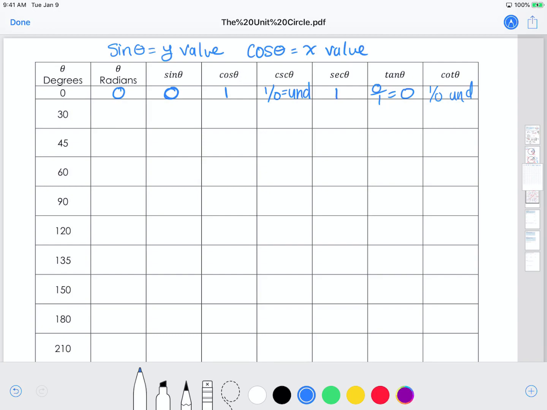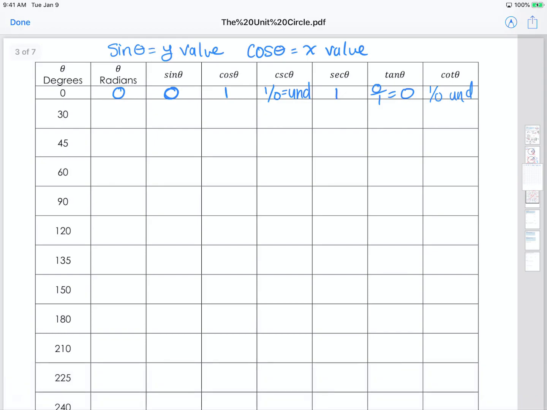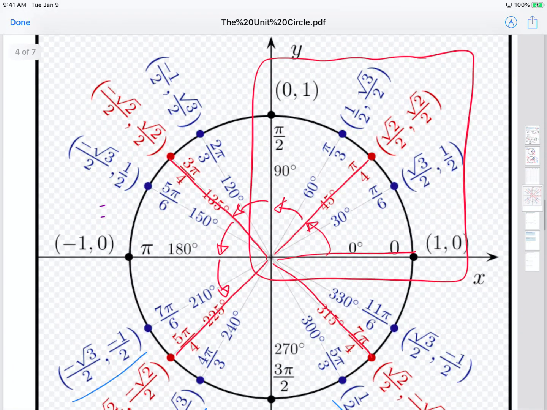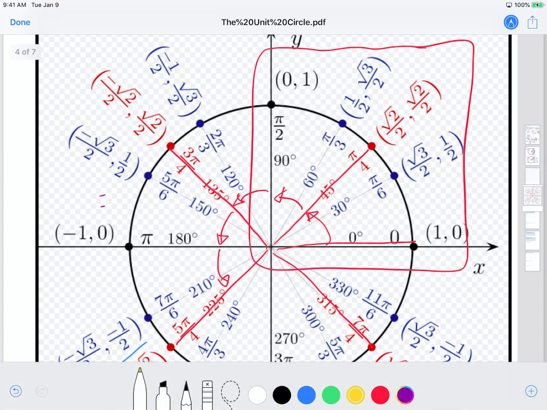So for 30 degrees, if you look at your unit circle, I'm going to scroll down. At 30 degrees, that's right here, I'm highlighting it in yellow. That's the ordered pair, square root of 3 over 2 and 1/2.